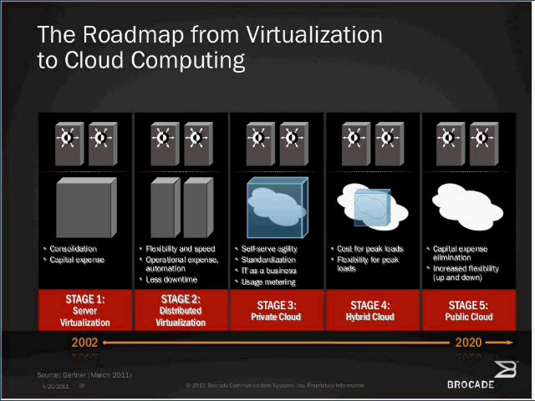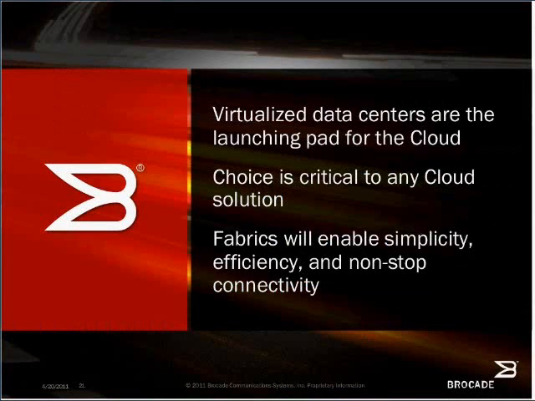And from Brocade, we believe that as you move down this path, that certainly virtualizing your data center is the key launching pad for the cloud. It's your first step in moving from one application per physical server to actually having pools of resources of compute, networking, and storage. Having choice is critical to any cloud solution.